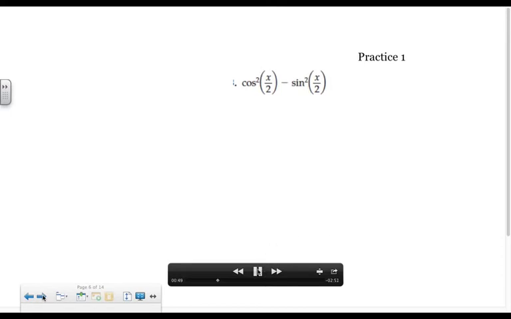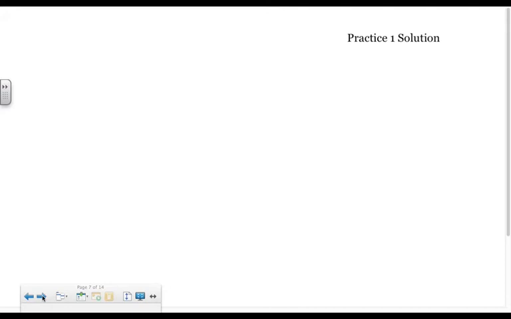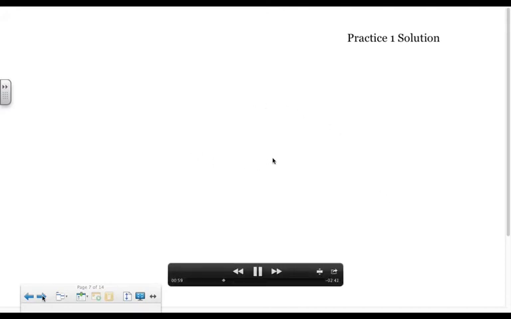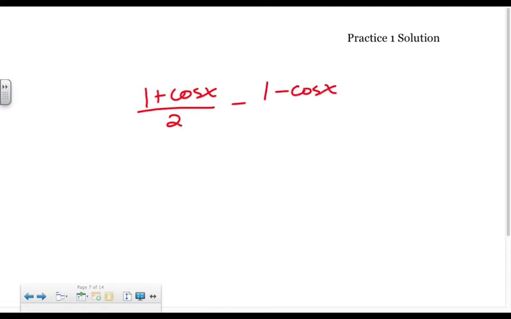Okay, practice 1. Here's cosine squared x over 2 minus sine squared of x over 2, and we want to simplify. So it's 1 plus cosine x over 2 minus 1 minus cosine x over 2.